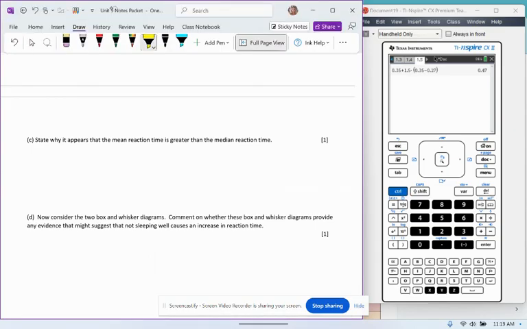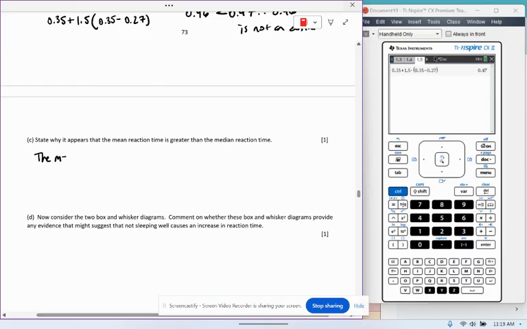So you could have two different answers for that. You could say the median is closer to the lower quartile, Q1, and is positively skewed.